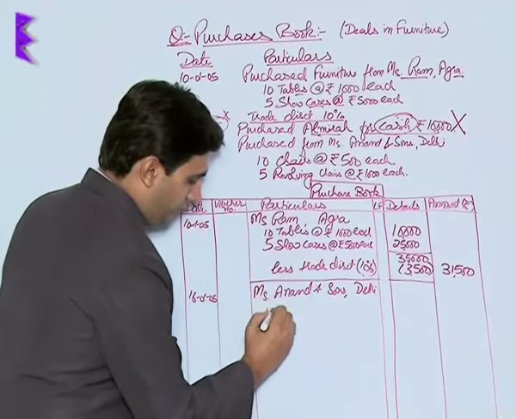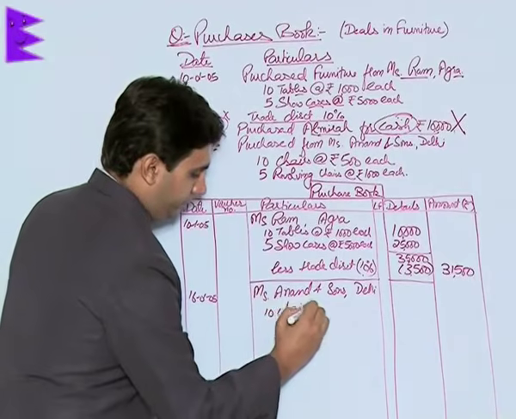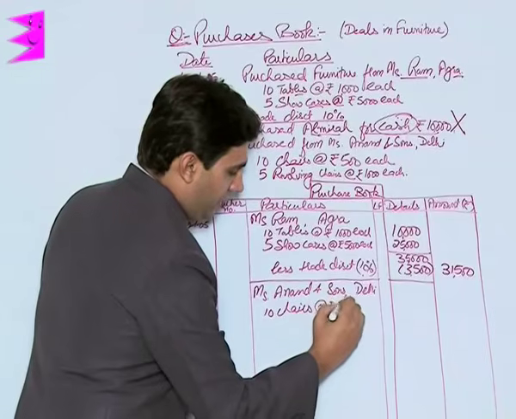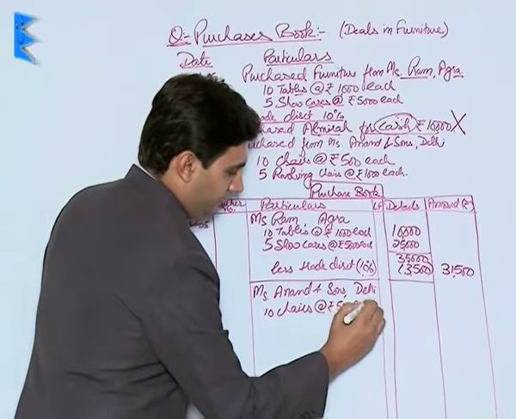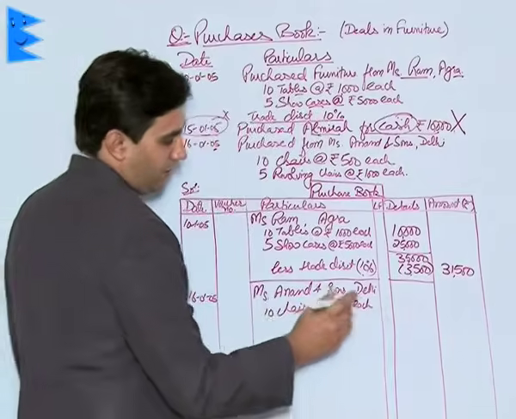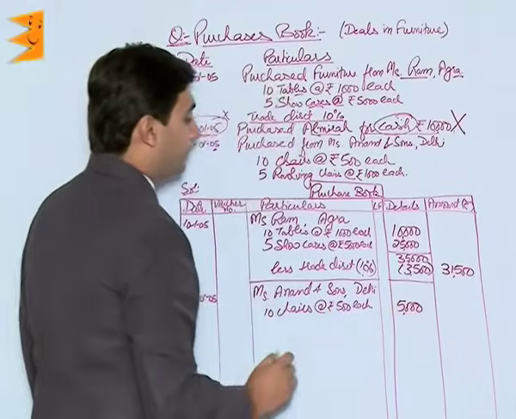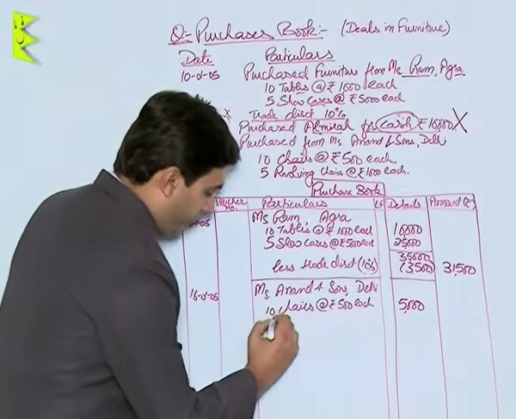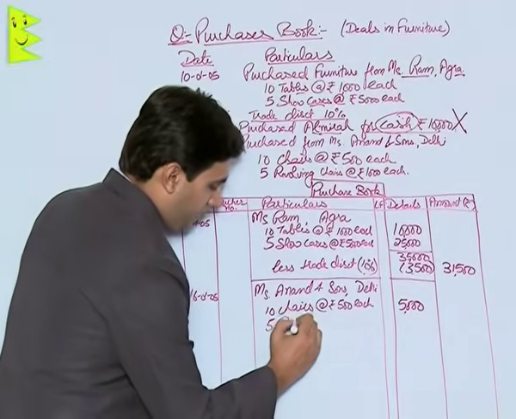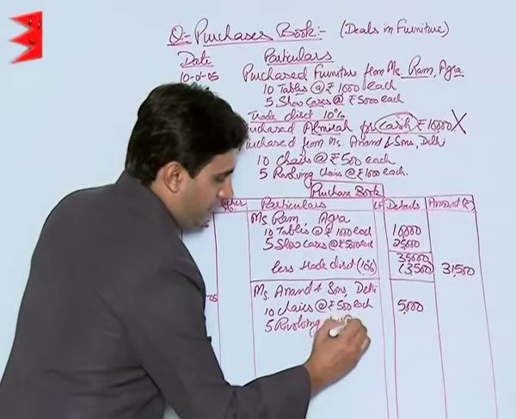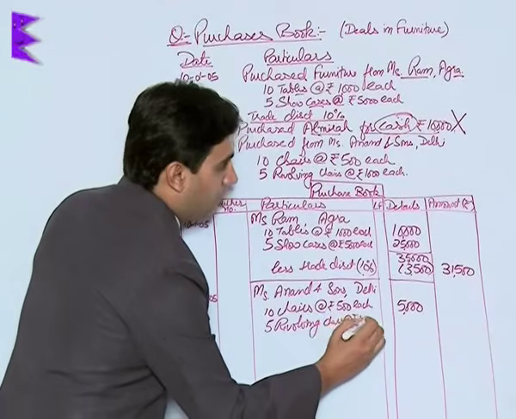10 chairs at the rate of rupees 500 each. The amount comes to 5,000 for chairs. Then 5 revolving chairs at the rate of rupees 1,000 each.